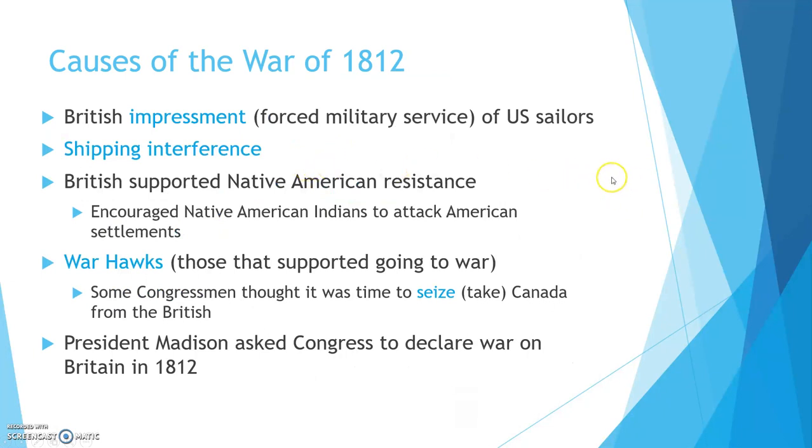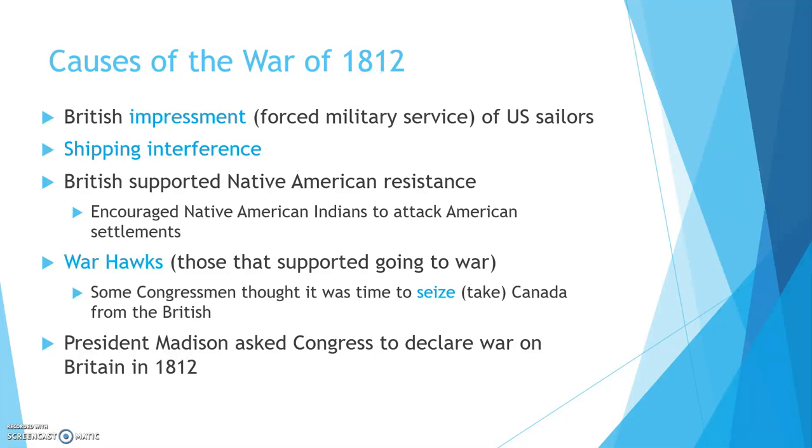Now, the big thing about James Madison's presidency is the War of 1812. There had been a lot of tension rising for the past couple of presidencies, and a lot of tension with Britain. And so at this point, British Navy men are still practicing impressment, which is forced military service of U.S. sailors. And it had gone on for so long.